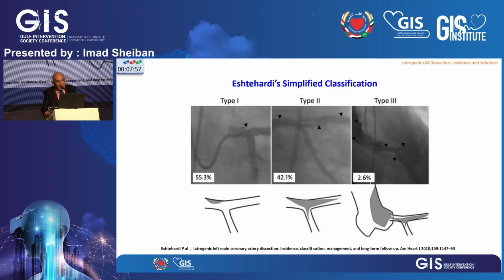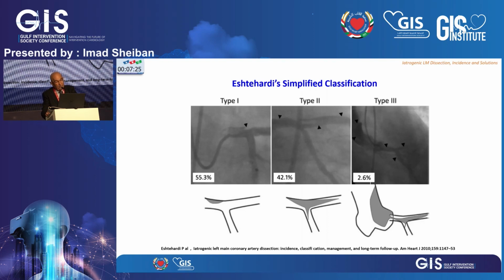Now, Eshtehardi's simplified classification for left main, specifically for left main, you can see that type 1 is limited only to ostial or shaft of left main, or distal left main dissection extending to LAD or circumflex, and finally also to retrograde dissection extending to aorta.